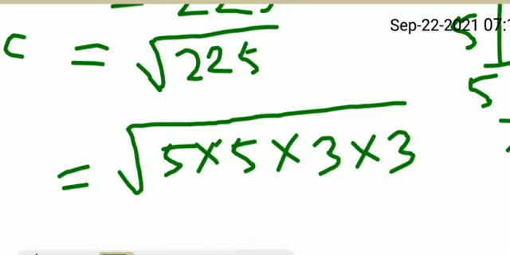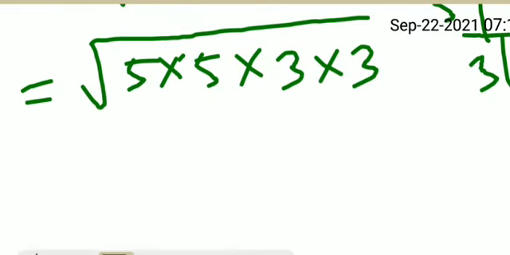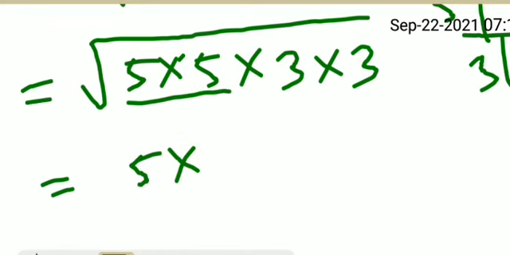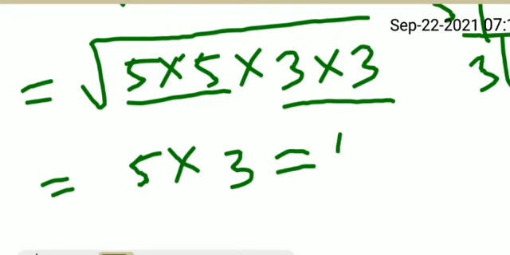So outside the square root, there are two 5s, so one 5 comes out, and there are two 3s, so one 3 comes out. That means 5 threes are 15. So this is the required answer.